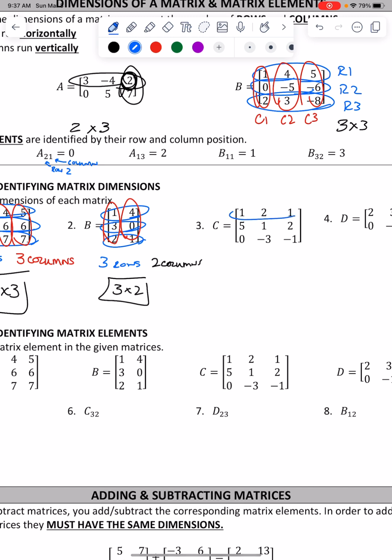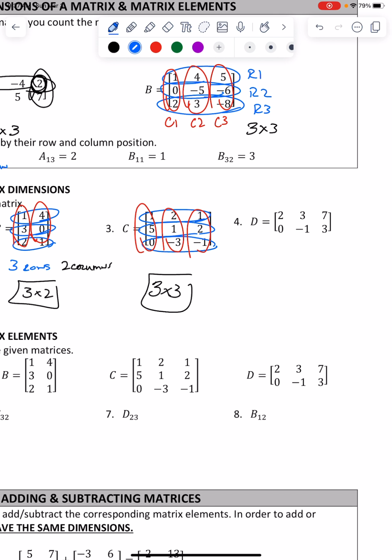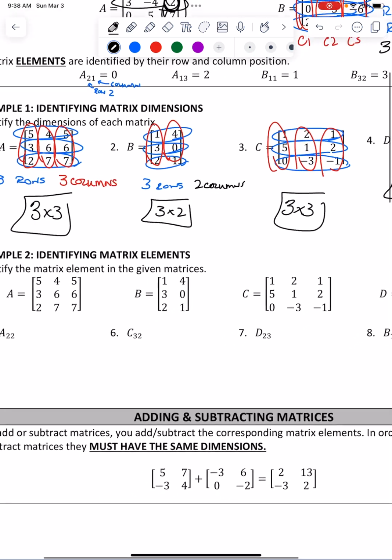Same deal here, 3 rows, 3 columns, so this is 3 by 3. In D, we've got 2 rows, 3 columns, so 2 by 3. That's how we're identifying that.